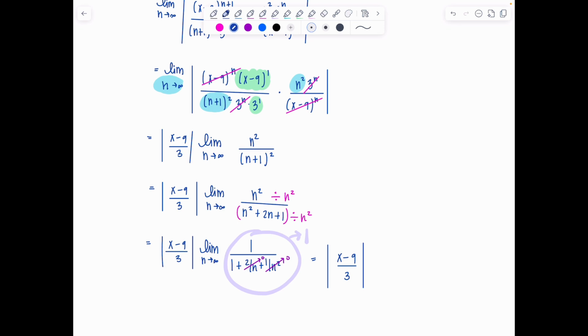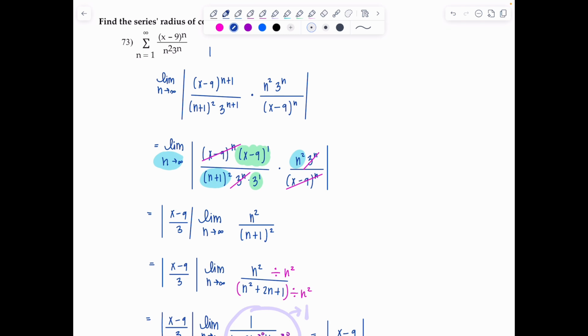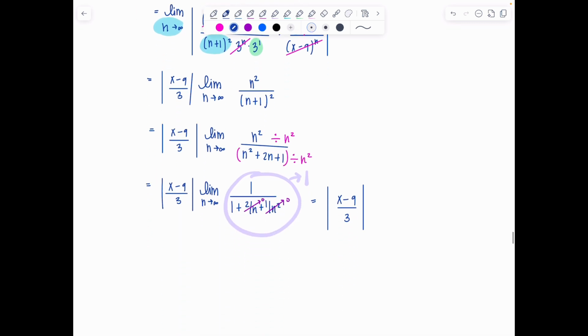Okay, now here's the important part. We just did the ratio test. And as we've practiced extensively, after we apply the ratio test, in order for our series to be convergent, we require this limit to be strictly less than 1. And so I need to isolate this variable quantity in order to see what the radius of convergence is.